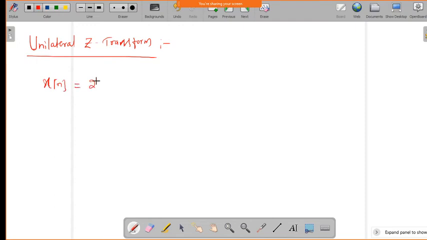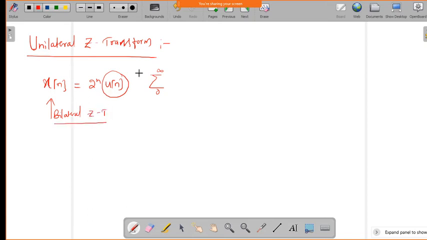If you have multiplied, like 2 power n into u of n, since the signal u of n is multiplied here, we have taken 0 to infinity. But if you don't have u of n, we call it a bilateral Z transform.